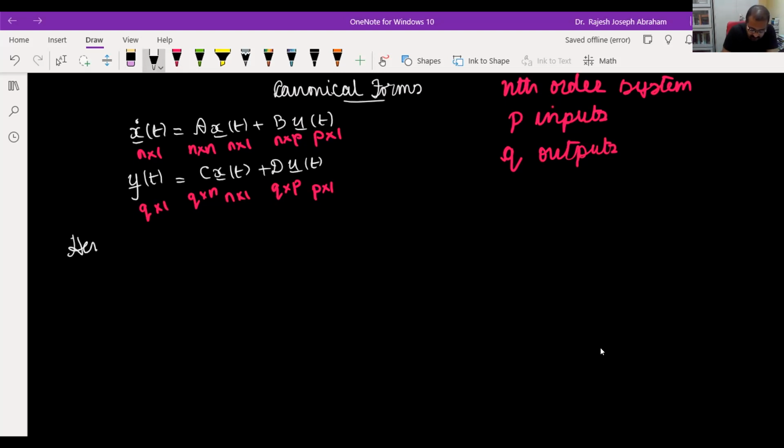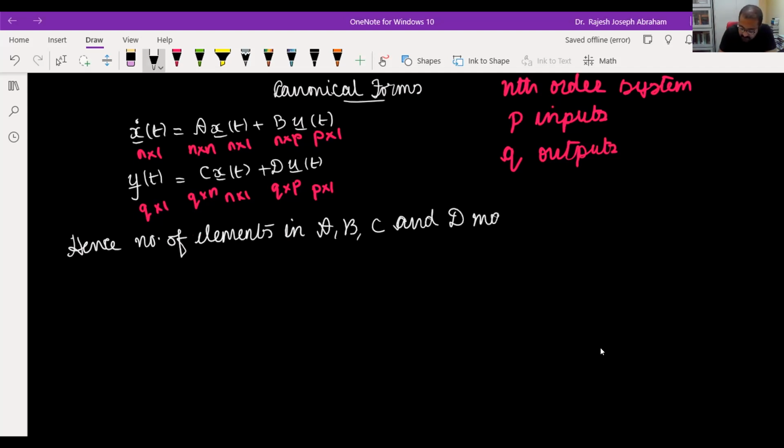Hence, the number of elements in the A, B, C, and D matrices is equal to n square plus np plus qn plus qp.